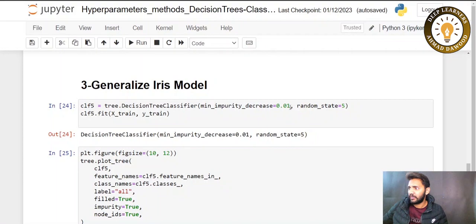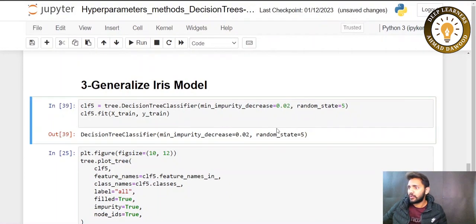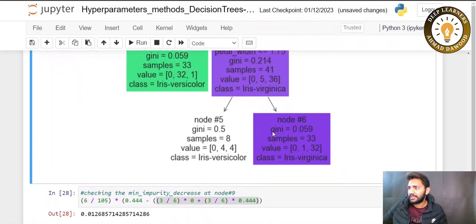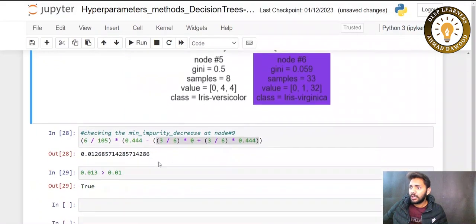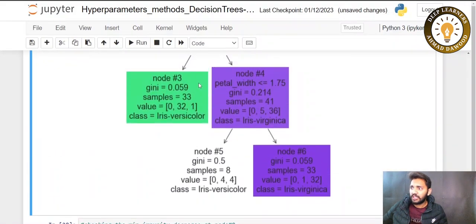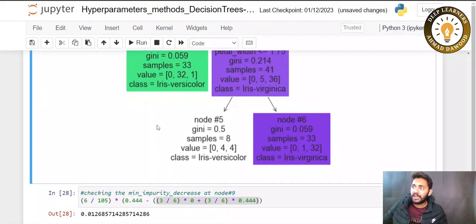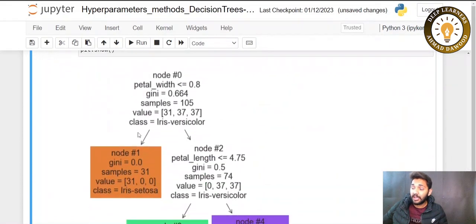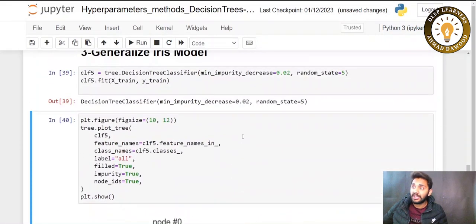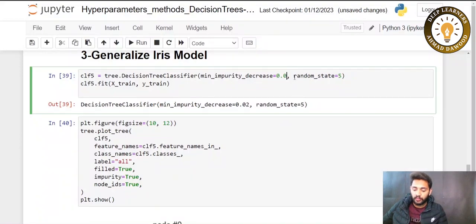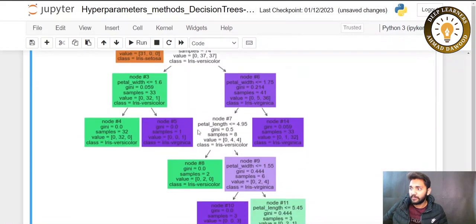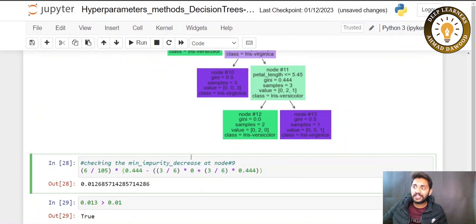I run this with 0.02. Yes, here it has produced a different model, depending on the gini impurity, because it has not split the nodes that have a decrease in impurity of less than 0.02. But if I set it differently, I can get the tree that I had previously. So you can also put a restriction by mentioning min_impurity_decrease.